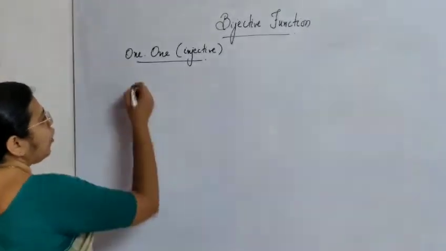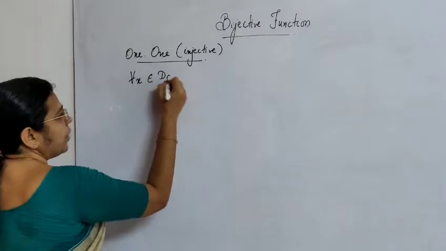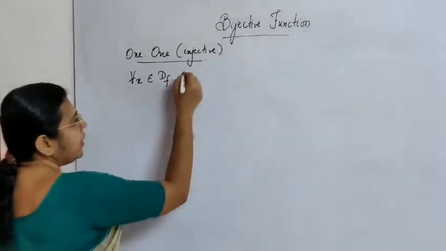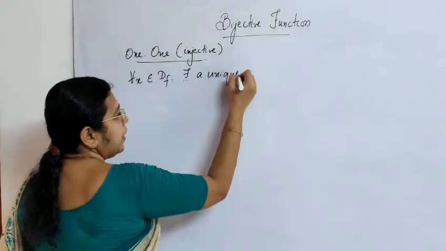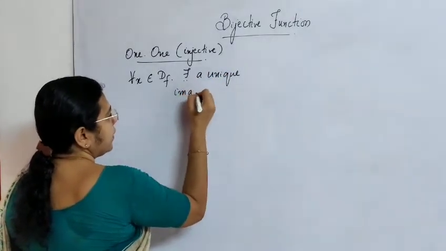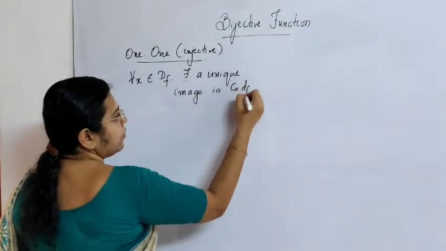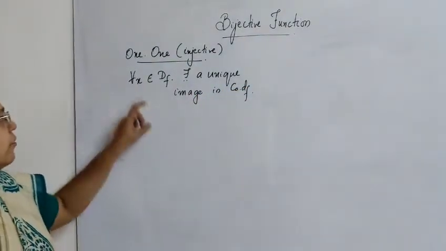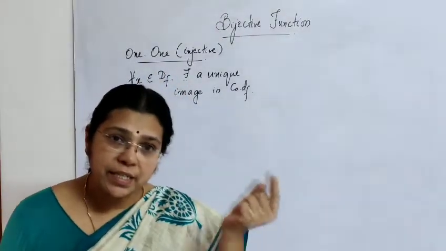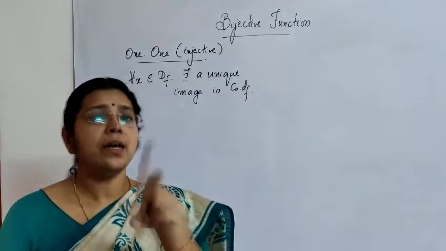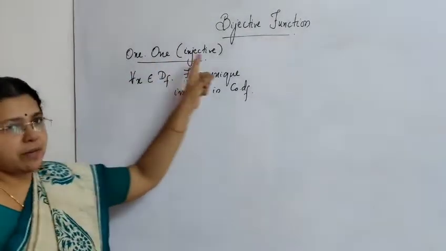For all elements x that belong to the domain of the function, there exists a unique image in the codomain of the function. Am I clear? Okay, so in this case it is called a 1-1 function.